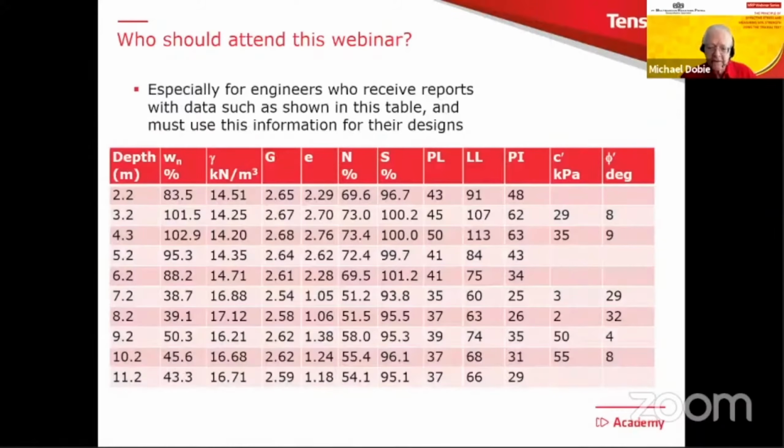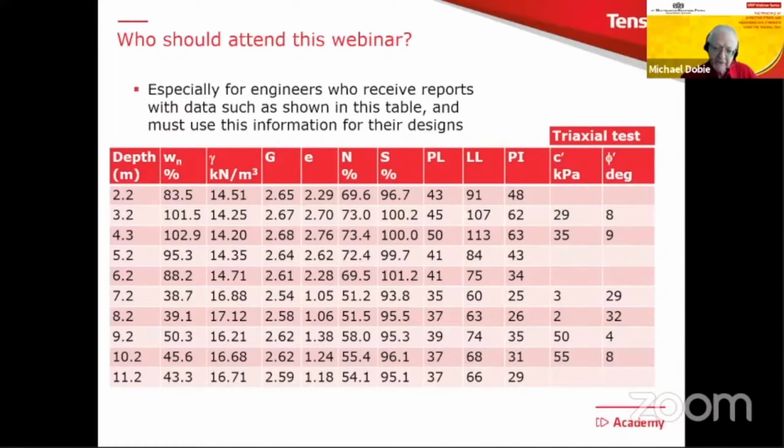I think in particular, and I showed a similar slide in the last webinar, when engineers receive geotechnical reports, they often see tables of data like this, where we have all kinds of measured parameters. And in this particular case, the right-hand columns mention triaxial test results, c' and phi'.